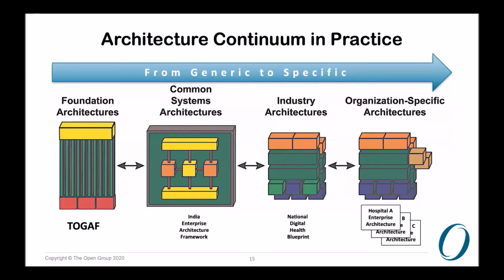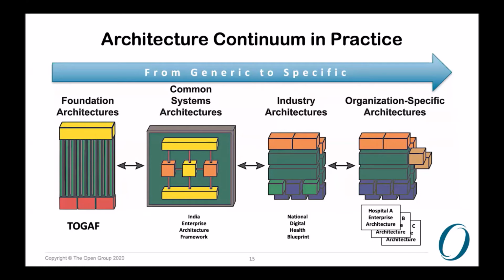We are moving from generic to specific architecture. One of the architectures that we have created is the National Digital Health Architecture, which I'm going to share a few slides on later. So that's an industry or sector specific architecture. So you can see we are moving a little bit more specific, and then we use the digital health architecture to enable the facilities to build their own respective architectures.